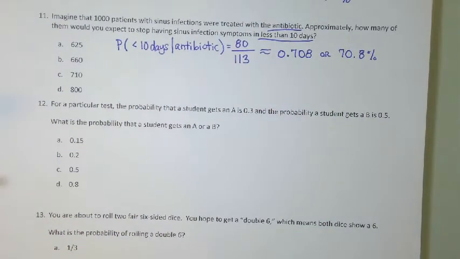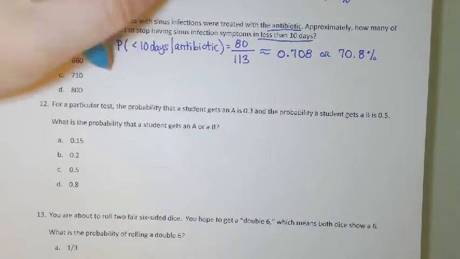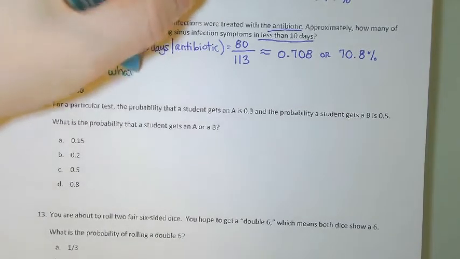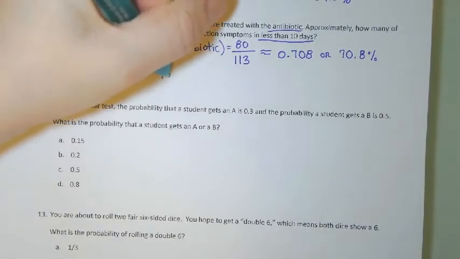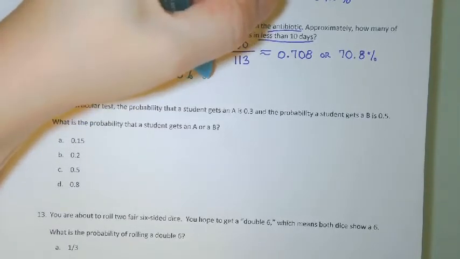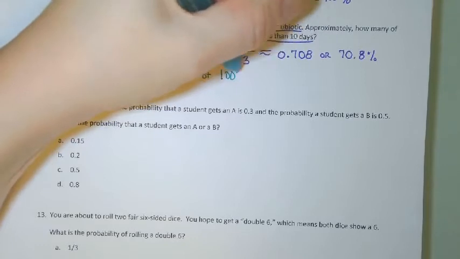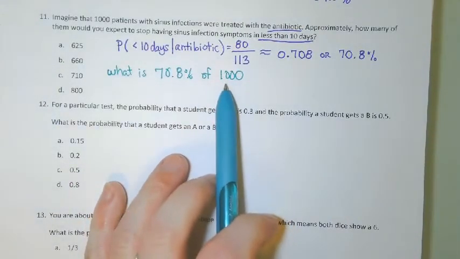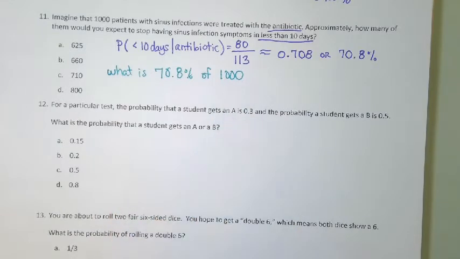So at this point, what we're really trying to figure out is what is 70.8% of 1,000. How many of those 1,000 patients would we expect to have symptoms lasting less than 10 days?